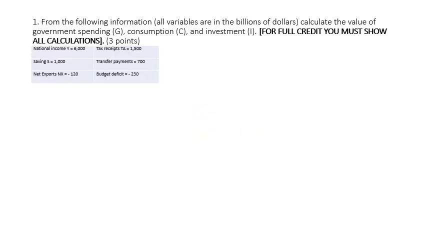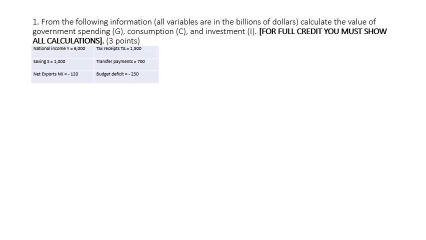In question 1, you're given all sorts of information about an economy. GDP 6,000, savings 1,000, and some of you ask me, is this private savings? Is it total savings, or is it otherwise? Well, it's private savings, SP. Net exports minus 120.